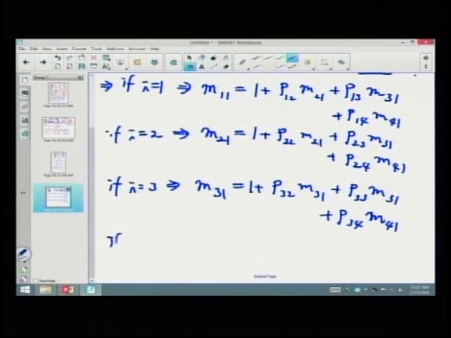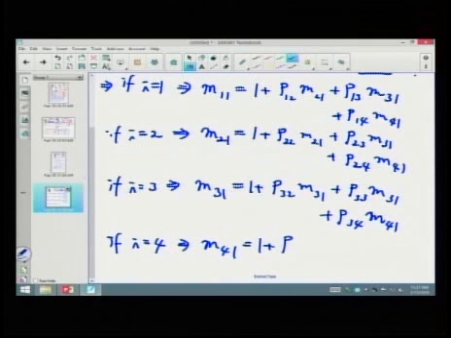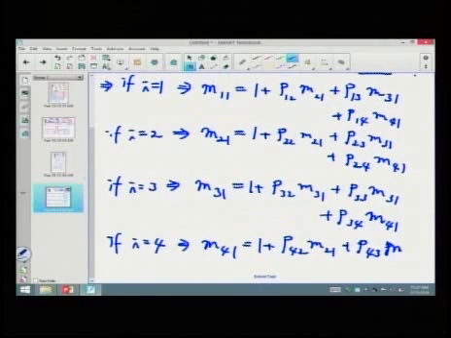And finally, if i equals 4, then what do we have? m sub 4,1 equals 1 plus p sub 4,2, m sub 2,1, p sub 4,3, m sub 3,1, and p sub 4,4, m sub 4,1. Okay.